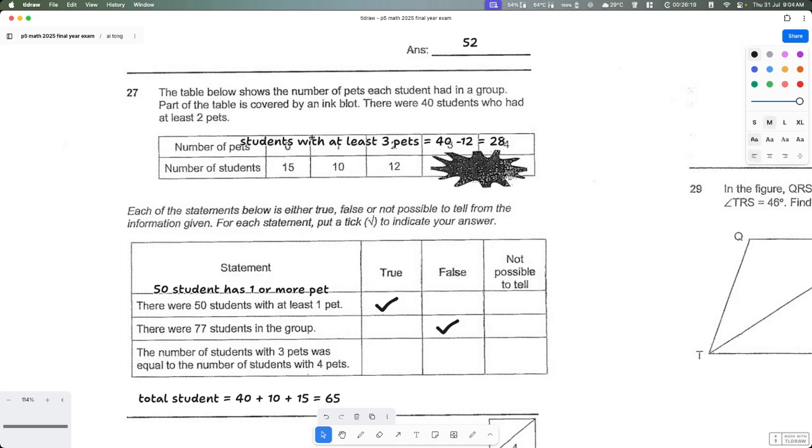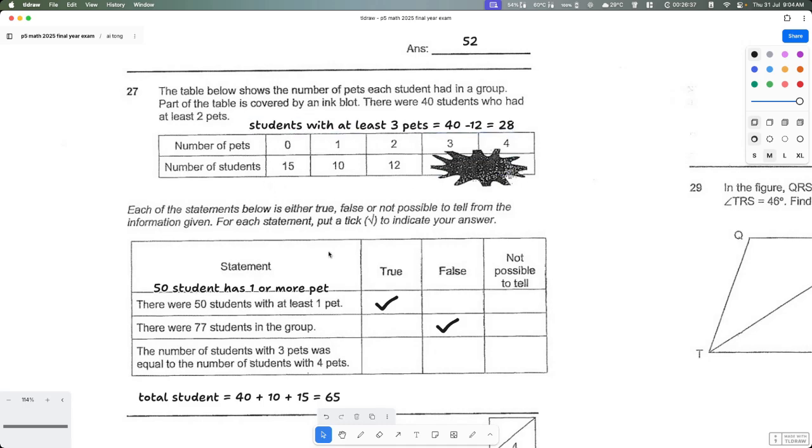So it is possible that this can be, for example, 14 or 14, but this also can be 15 or 13. Okay, so it doesn't say 3 is equal to 4.